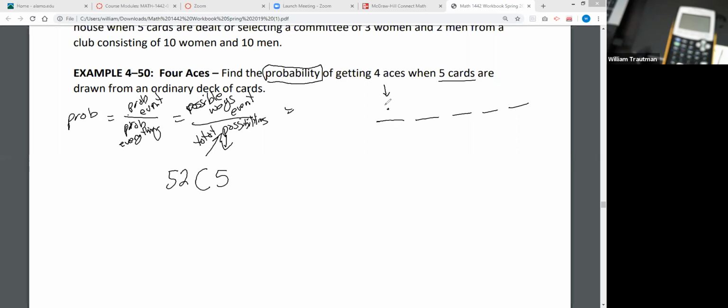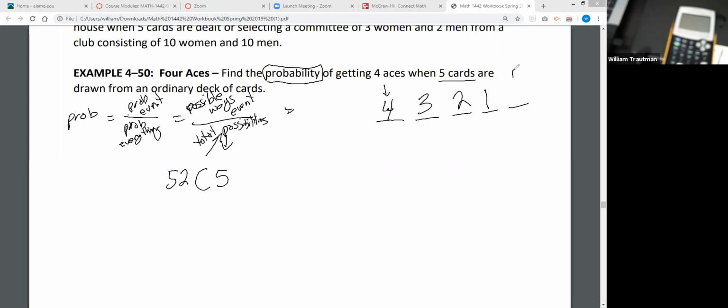I need 4 aces, and the order doesn't matter. There's 4 aces in the deck right now, so there's only 4 aces that I can choose from to put in this spot. The next one, there's 3 aces. The next one, there's 2 aces. The next one, there's 1 ace. So we picked 4 aces: 4, 3, 2, 1.